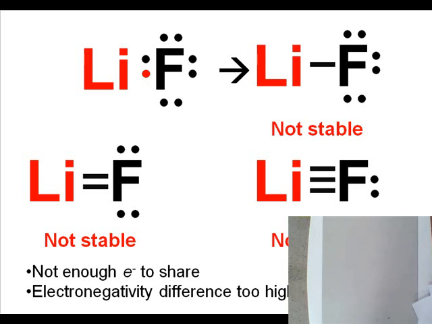It's greater than 2, meaning that the electrons will be pulled very aggressively by fluorine, and lithium cannot hold on to it. So for both of those reasons, attempting to covalently bond lithium and fluorine is not going to work. So what other method could be used?